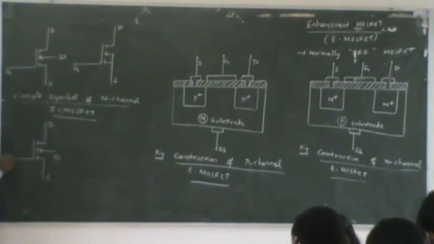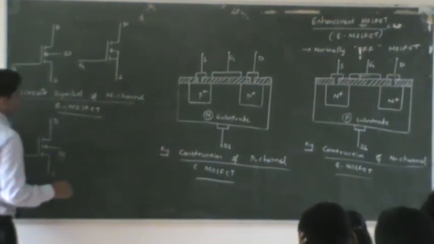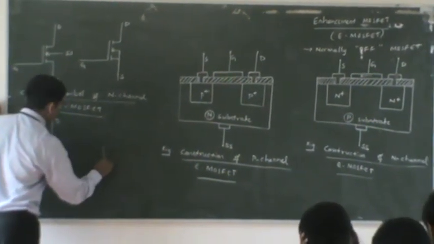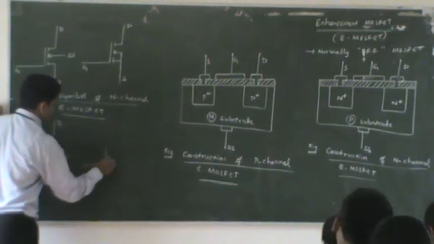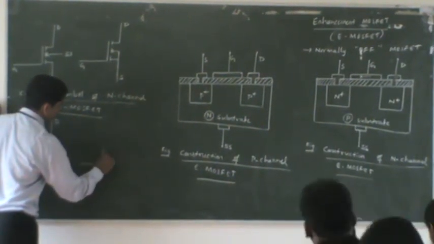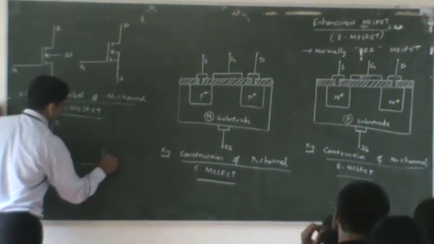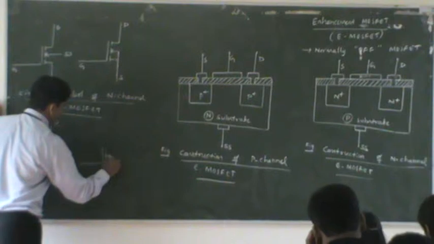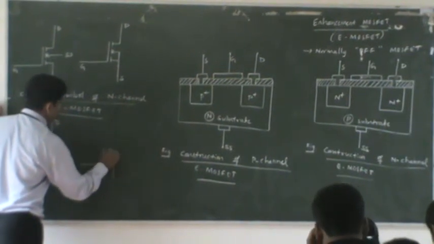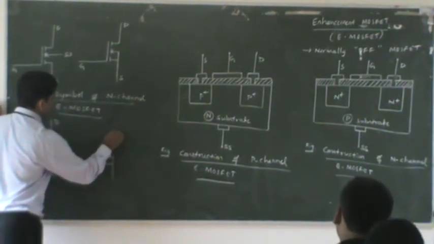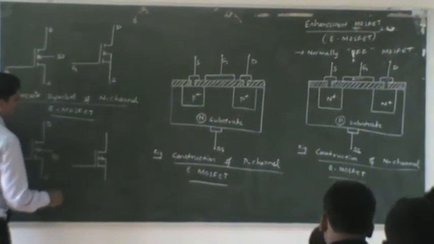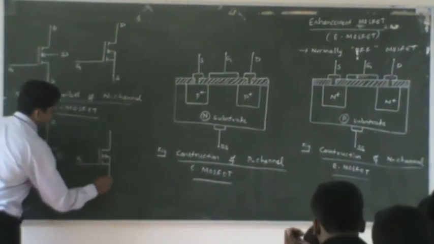SS indicates the substrate region. And in the last symbol you can see here, again the source and substrate are short circuited.